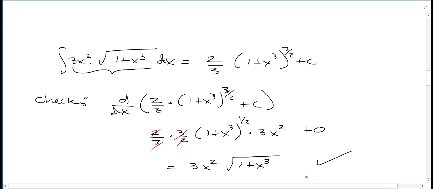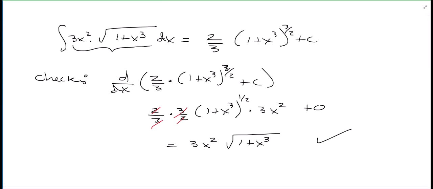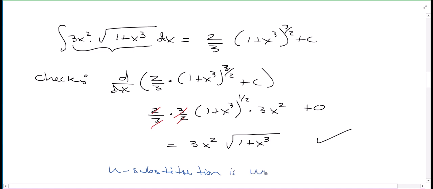So this is really one of the nice things about integrals too, is you can always check your answer by taking the derivative. And so what u-substitution is undoing is the chain rule. Notice that we have a chain rule here. So u-substitution is undoing the chain rule.